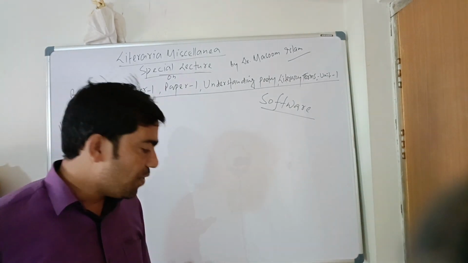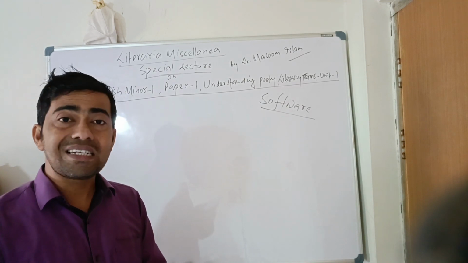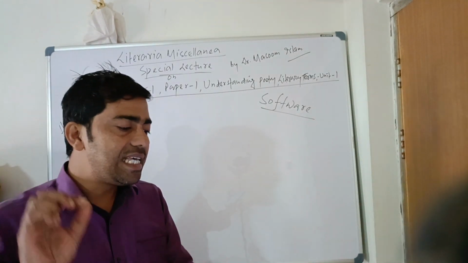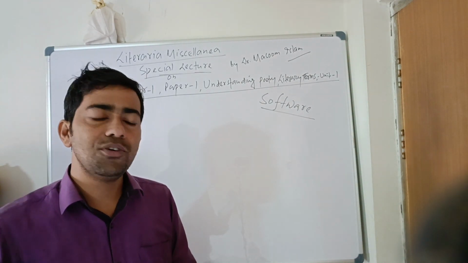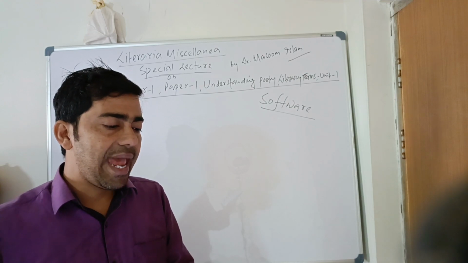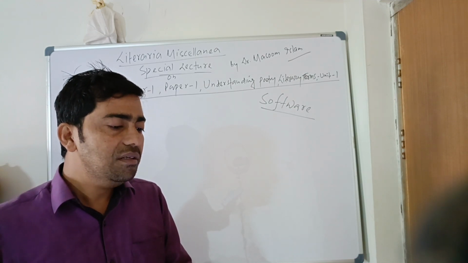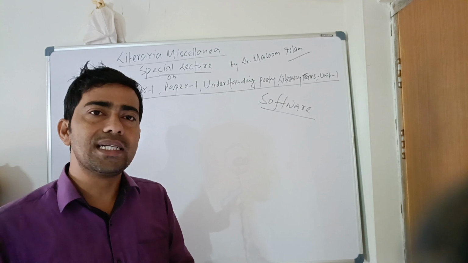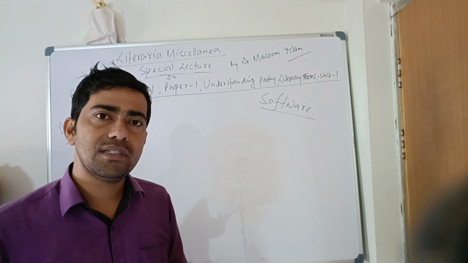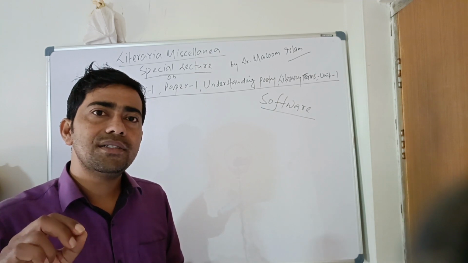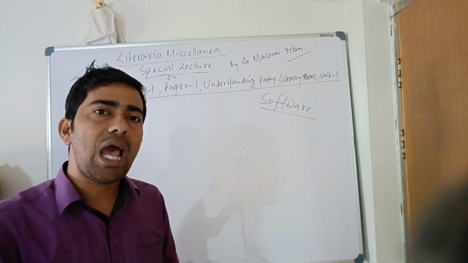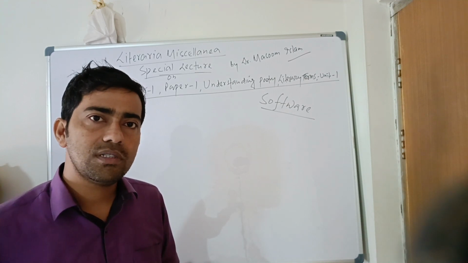Let's start. First, let us know about the literary terms. You have a total of 16 literary terms in your syllabus, that is unit 1, and out of 16, 4 literary terms will be there in your exam paper. There will be 6 terms, and out of 6 you will have to answer 4.